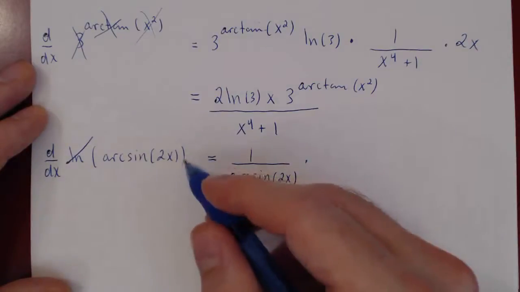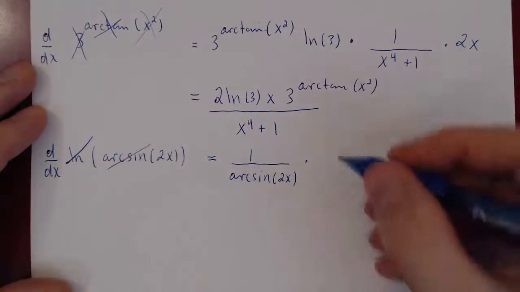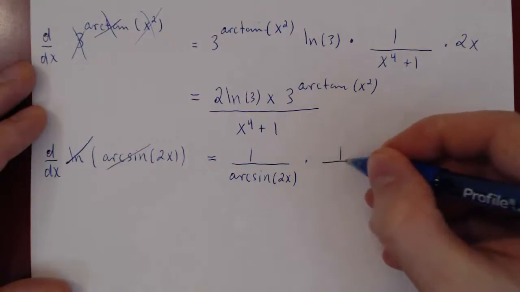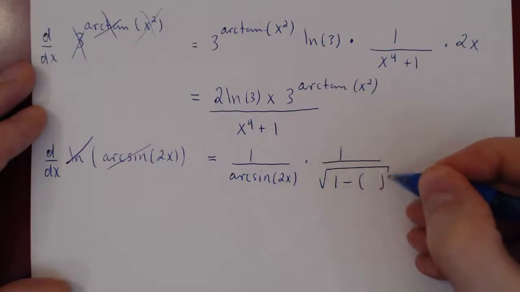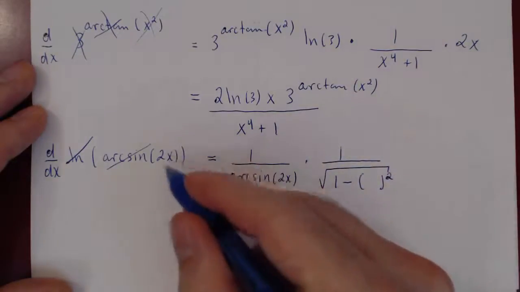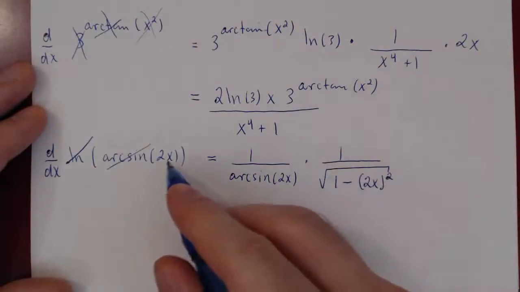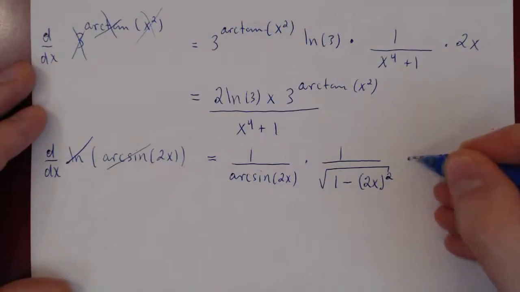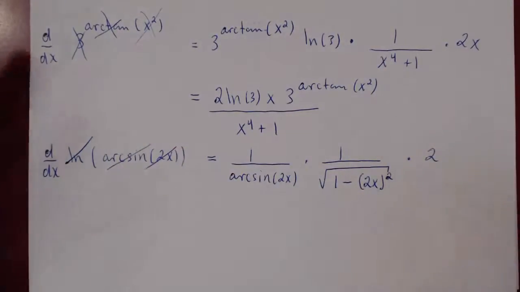Well, this is arcsine of 2x. The outside function is arcsine. The derivative of arcsine, if you remember, is 1 over the root of 1 minus the argument squared. And the argument here is 2x. There's still 2x left over, so times the derivative of 2x, which is simply 2. And now we have the derivative.